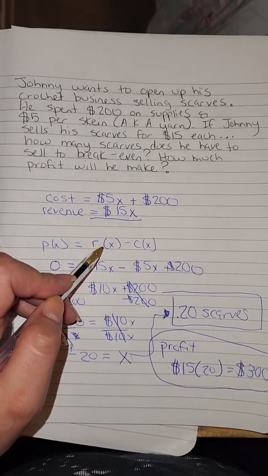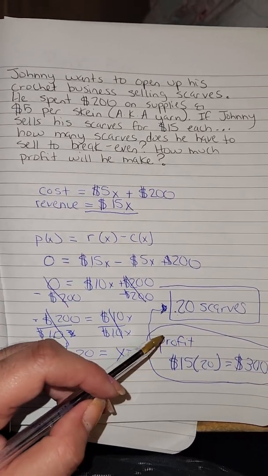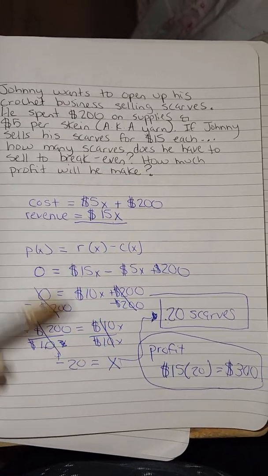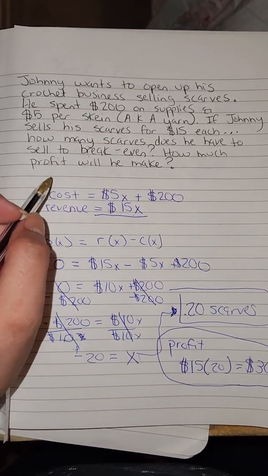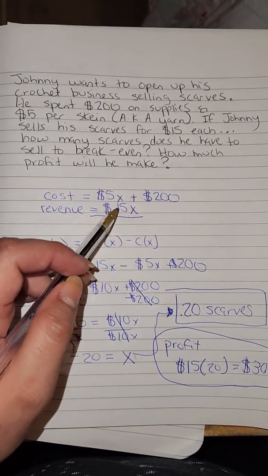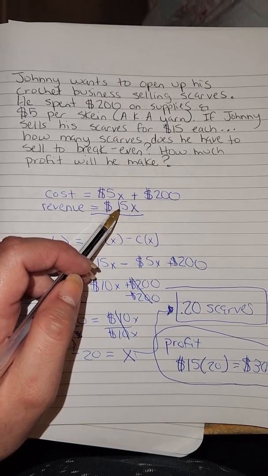I'm sorry, you guys. So he didn't make profit, but the wording is different. He didn't gain or lose, but if you wanted to figure out how much money he made selling 20 scarves, you plug in right here on the revenue for his earnings.